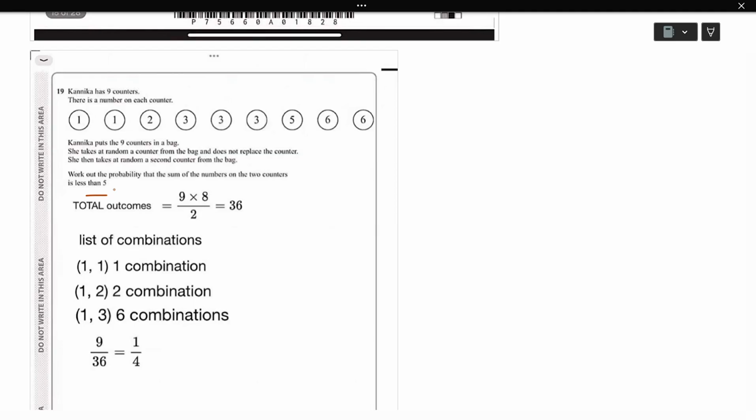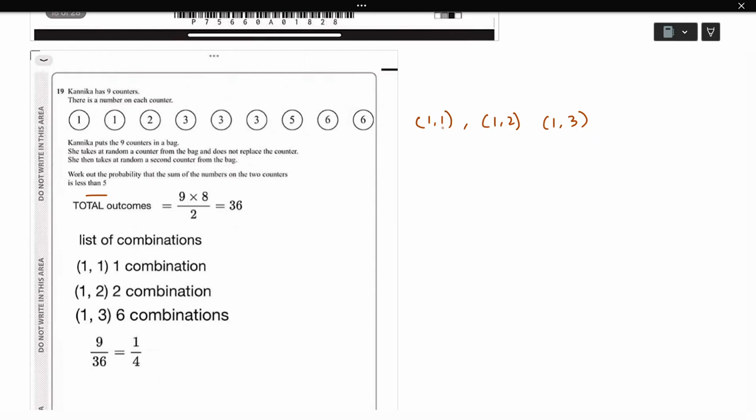For less than 5, the maximum sum is 4, it can't be 5. It can be 1 comma 1, it can be 1 comma 2, or it can be 1 comma 3. Only these 3 chances, no other chances.